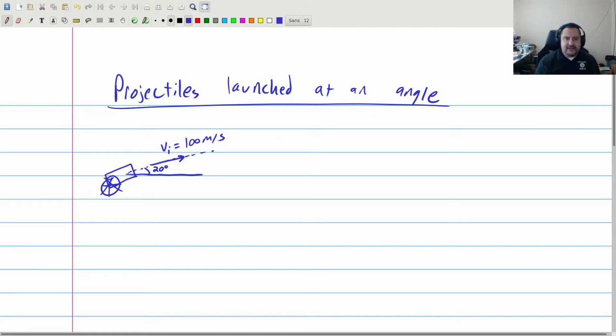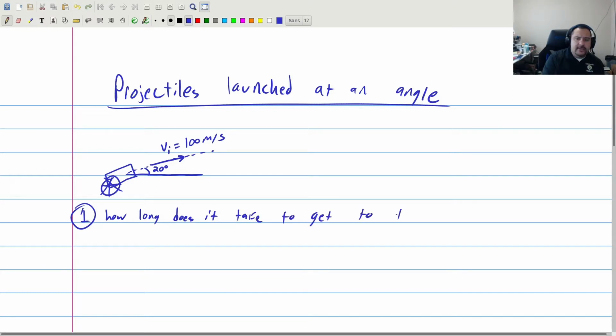How long does it take to get to the top? So number one: how long does it take to get to the top of its path? Number two, I want to know how high does it go?